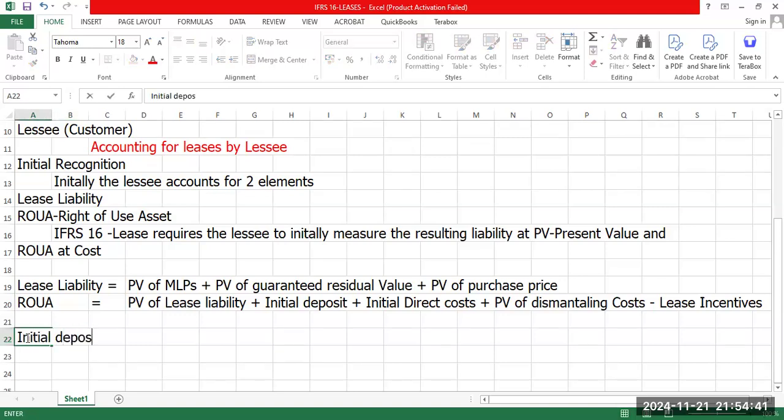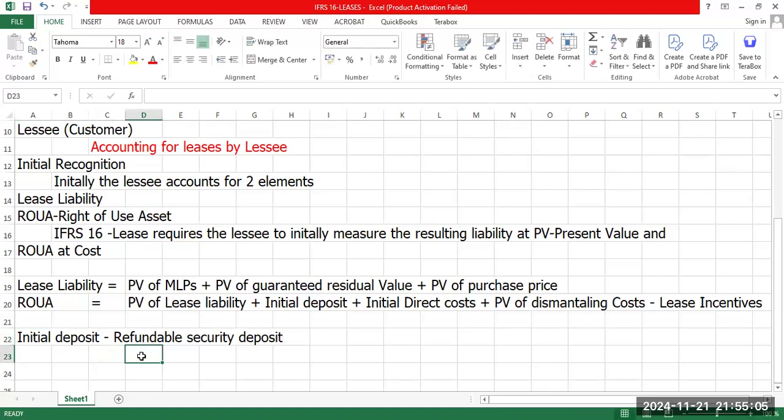The initial deposit, colleagues, may be refundable or non-refundable. This is refundable, this is a refundable security deposit.